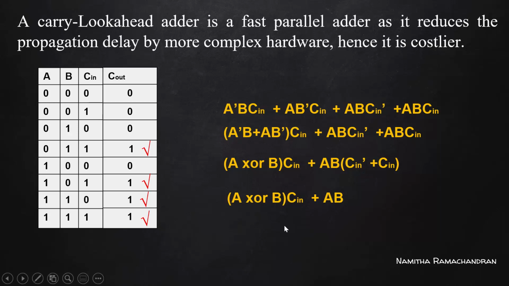Now we can assign certain names for these terms. A XOR B can be named as carry propagate, and the term A and B can be named as carry generate.